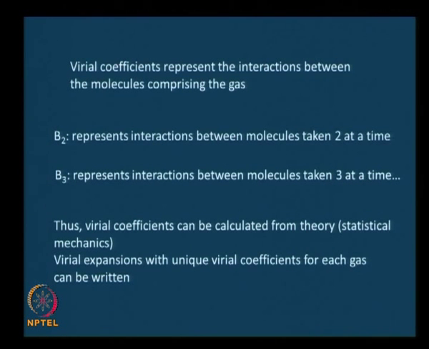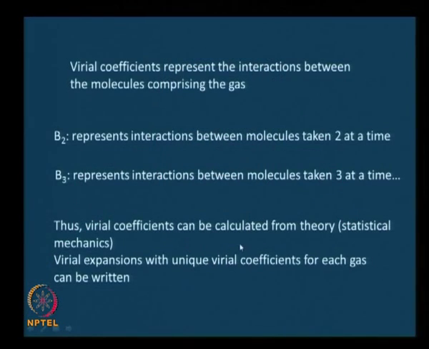Therefore, the virial coefficients can be calculated from theory, which is actually statistical mechanics, which we will not be covering as a part of this course. Statistical mechanics looks at the way of accounting for molecular properties and their relationship to macroscopic properties such as internal energy, entropy and so on.